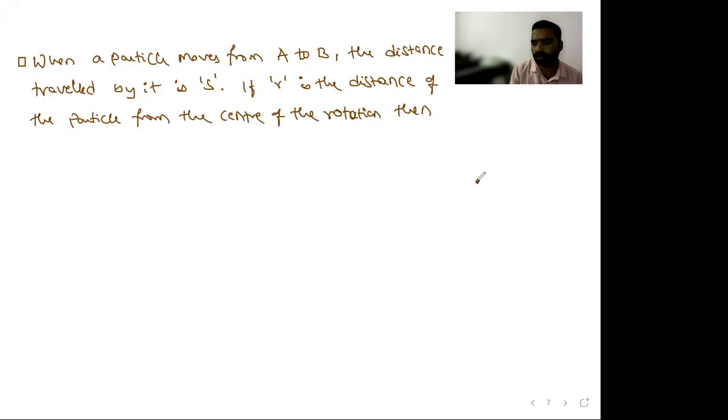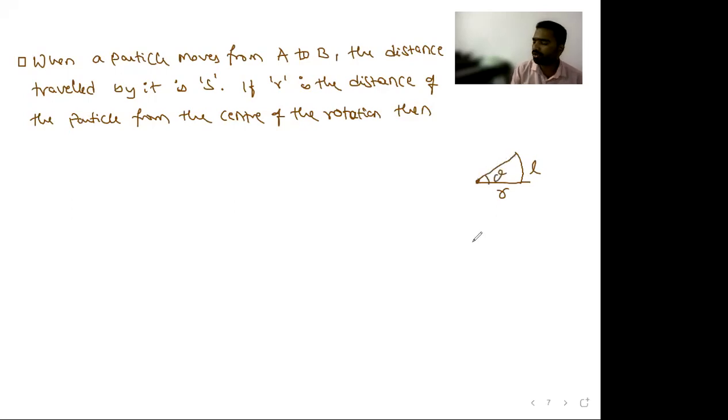This is a point, this is a line and this is a curve, and the length of this curve is L. This is a radial distance R, and the angle covered by this arc is theta.